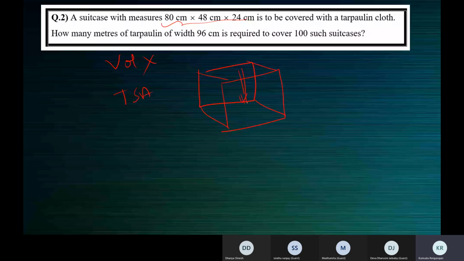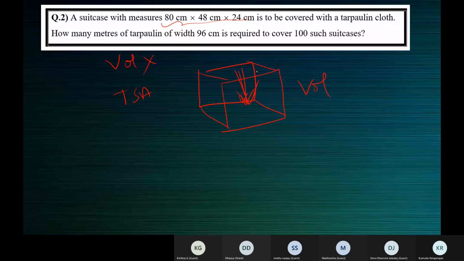If it's something to do inside the box, like how much liquid it can hold, then it's volume. But here you'll have to cover the 6 surfaces of the cuboidal suitcase with tarpaulin cloth.